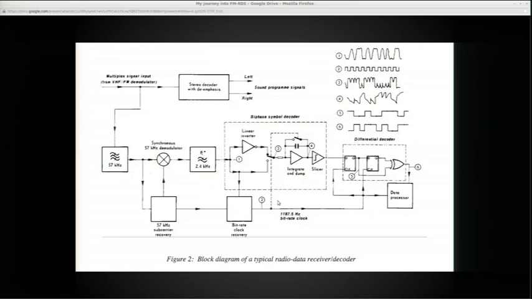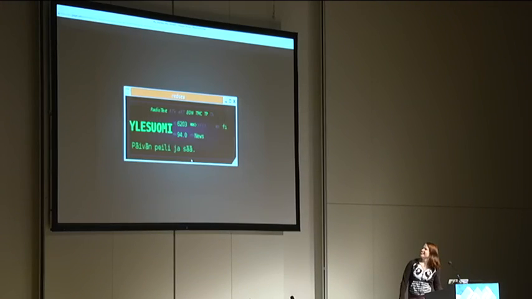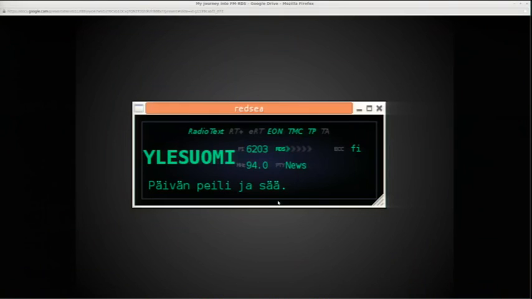So, using this information, I wrote a decoder in Perl. Everything was in Perl. And I came up with this. It's showing a lot of the information going on the frequency.